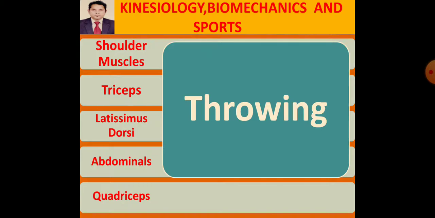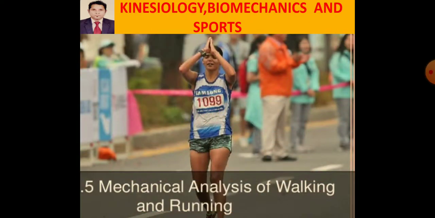During throwing: shoulder muscle, triceps, latissimus dorsi, abdominals and quadriceps. These muscles are mostly common because by the name we can understand. That is the latissimus dorsi, the muscles of the abdominal region, abdominal muscles and quadriceps. So these are the major muscles involved in running, throwing and jumping.